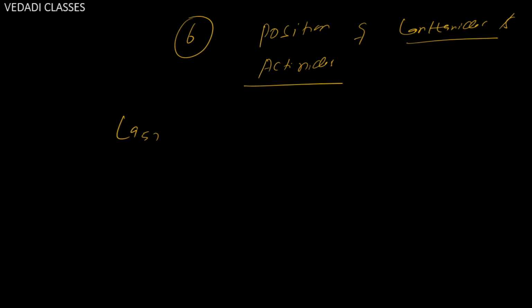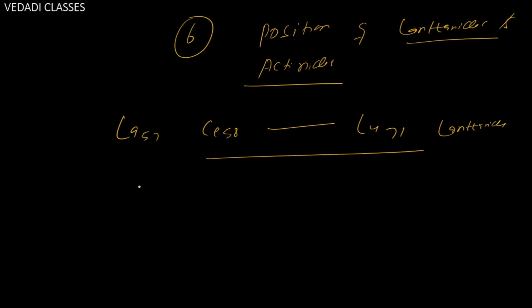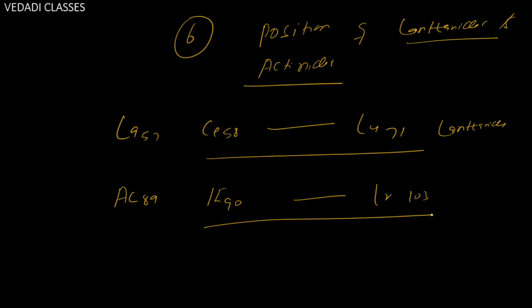So after lanthanum, the 14 elements start from cerium, which is 58, to lutetium, which is 71. So these 14 elements are considered lanthanides. And actinides start from actinium, which is 89, and after that 14 elements, like thorium, which is 90, to lawrencium, which is 103. Now these are considered actinides.